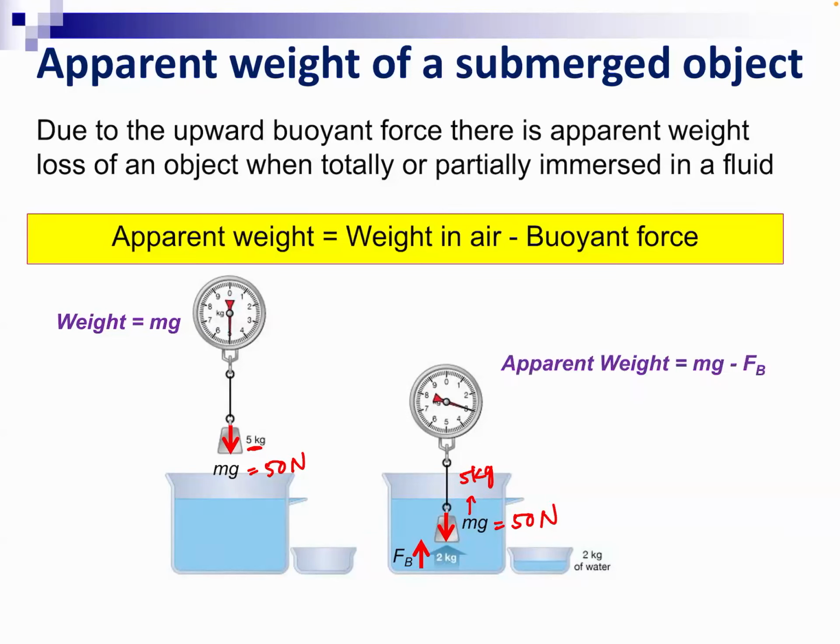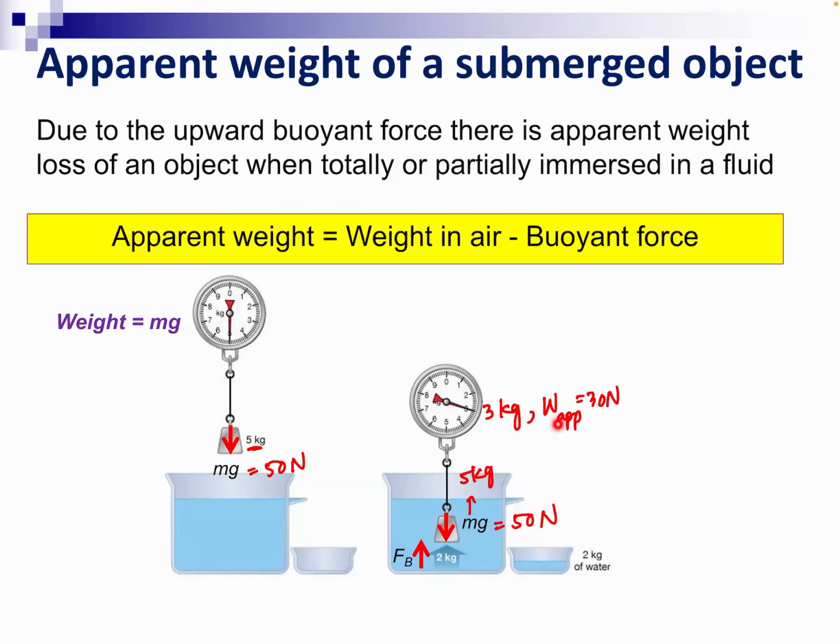And if the weighing scale here is showing that the mass of the object is 3 kilograms instead of 5 kilograms, meaning that it gives you a weight of 30 newtons, right?